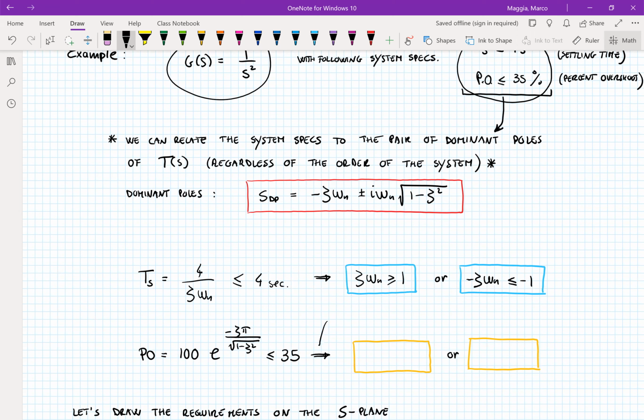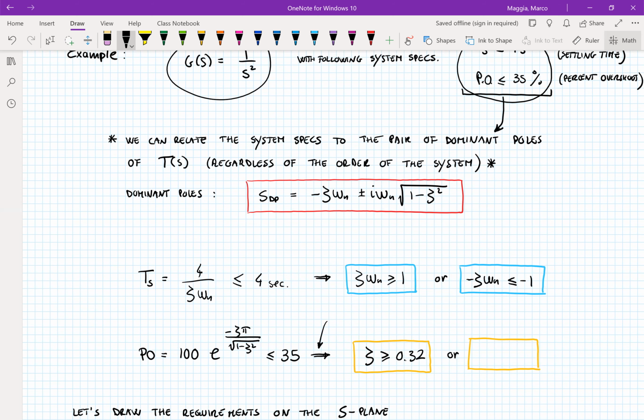Now here I've skipped a couple of steps, but it's up to you to do that because you will be asked to do so later, but we don't really have the time to do so. But you can find quite easily that zeta has to be greater or equal to 0.32.